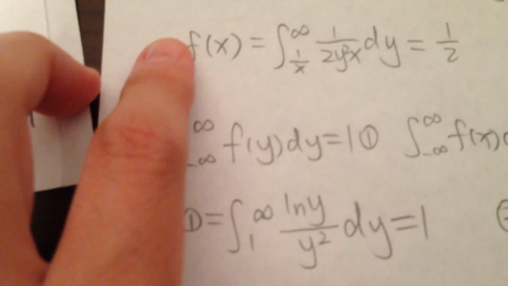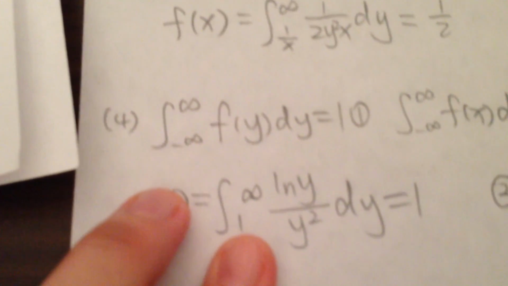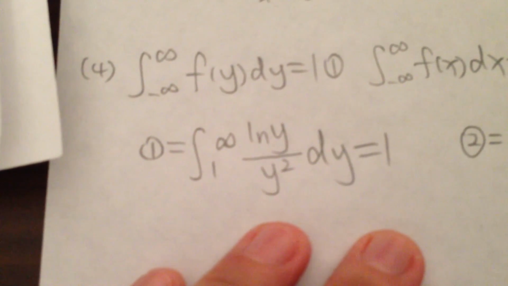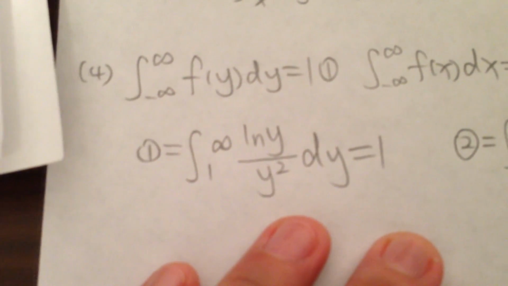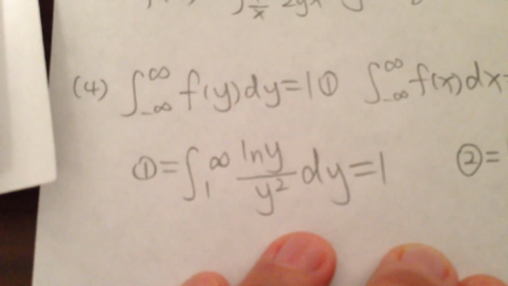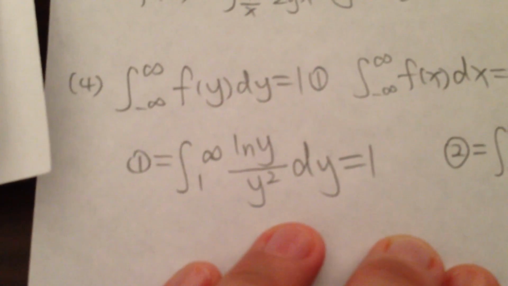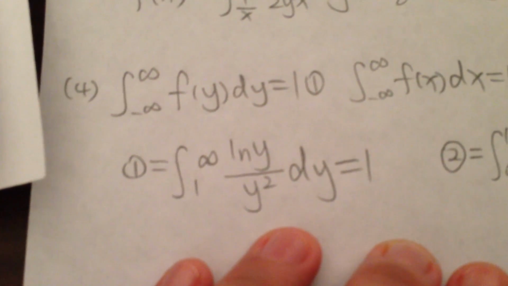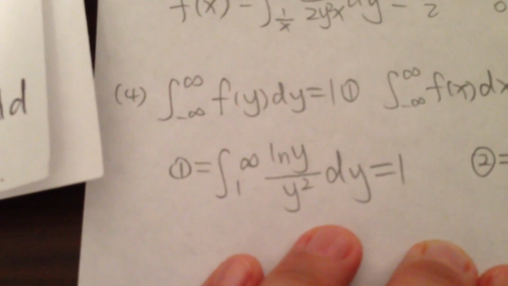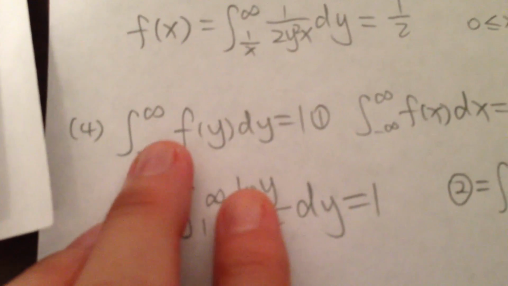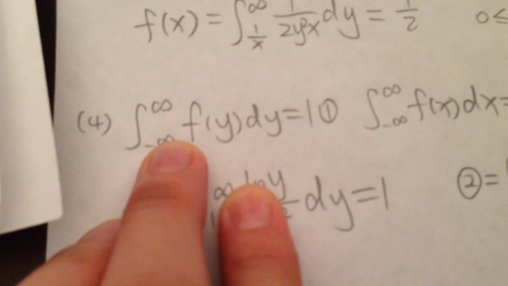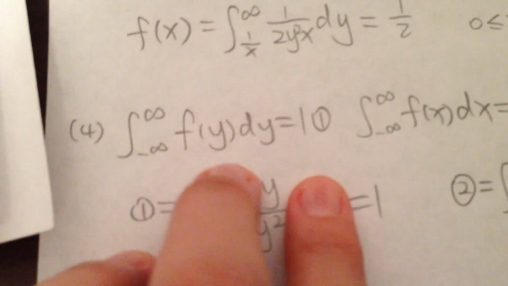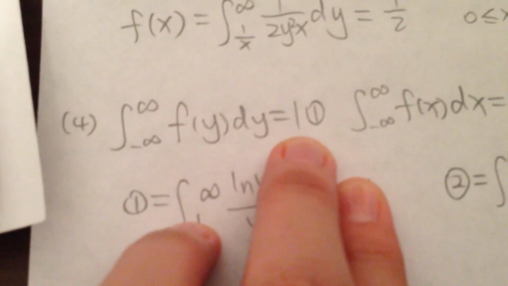For the last question, we have to verify that fx and fy are valid functions. For this problem, we need to use the definition of validation. That is, the integral from minus infinity to infinity of fy dy equals 1.